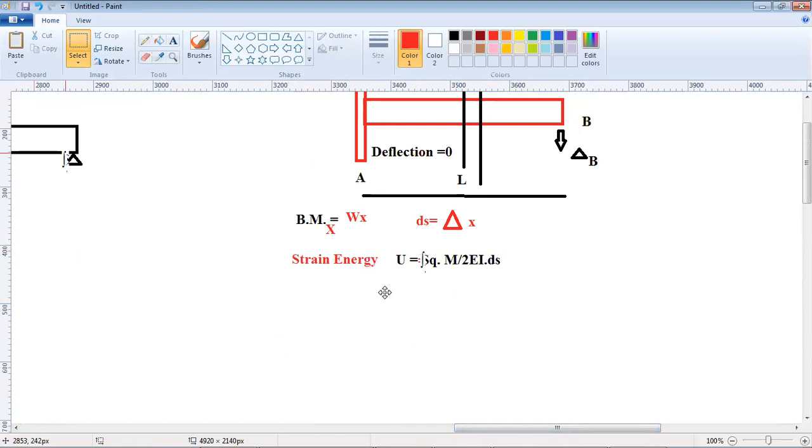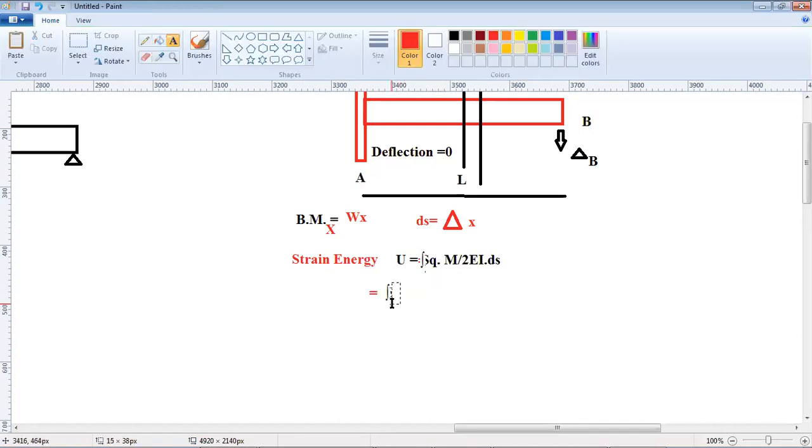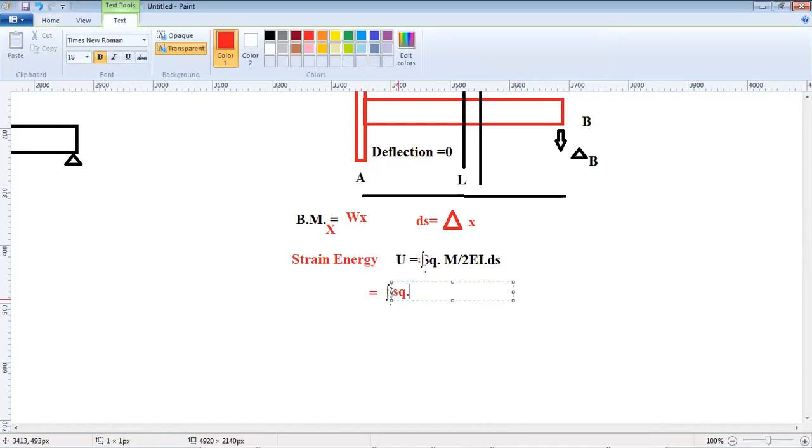This equation would become the square of W into X. M is W into X. So it's the square of W into X.